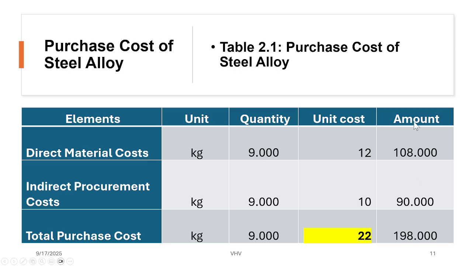The total purchase cost is 108,000 plus 90,000, which equals 198,000. For the quantity purchased, it is 9,000, so the unit purchase cost of steel alloy equals the total amount, 198,000, divided by the quantity of 9,000, so we have 22 euro per kilogram.